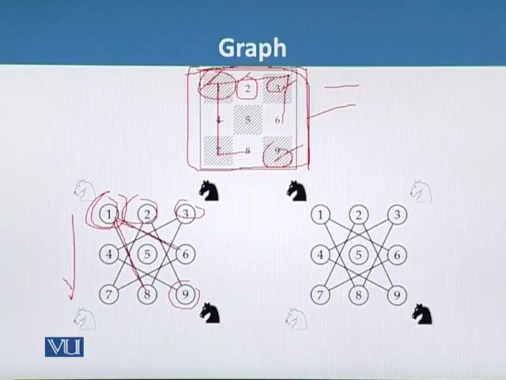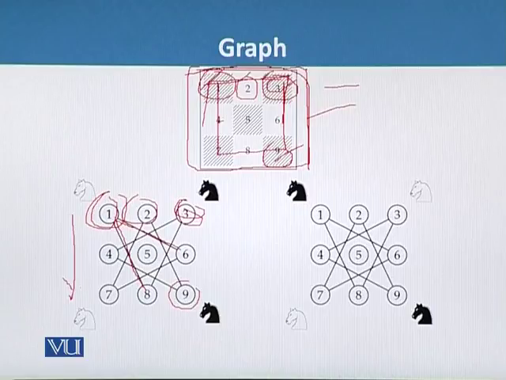If it is at position number 3, for example, it can move to position number 8, and it can also move to position number 4. So if the black horse is at number 3, it can move to position number 8, so 8 is connected with 3, and similarly it can move to position number 4, so 3 is also connected with 4, and so on.